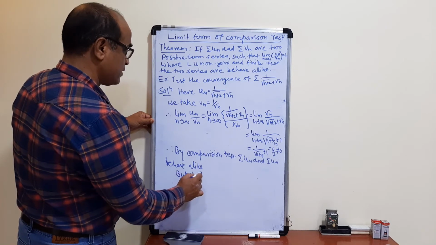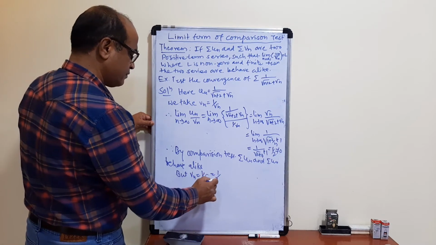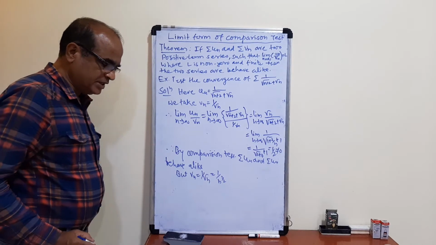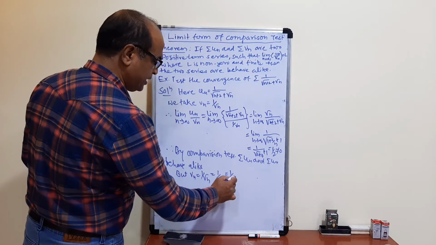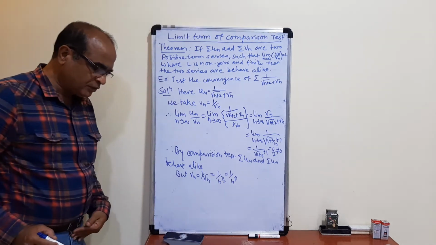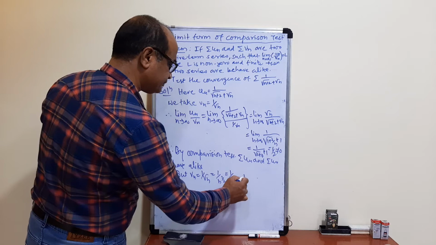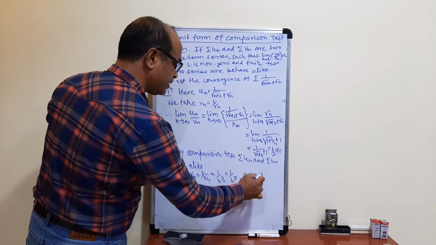Vn is 1 upon root n. So this is 1 upon n raised to half, and this is a p series, 1 upon n raised to p, but p is equal to half.